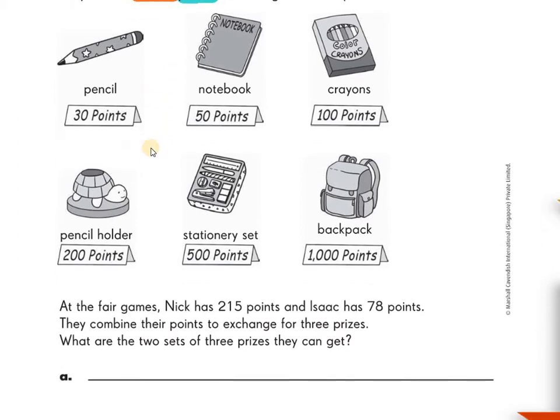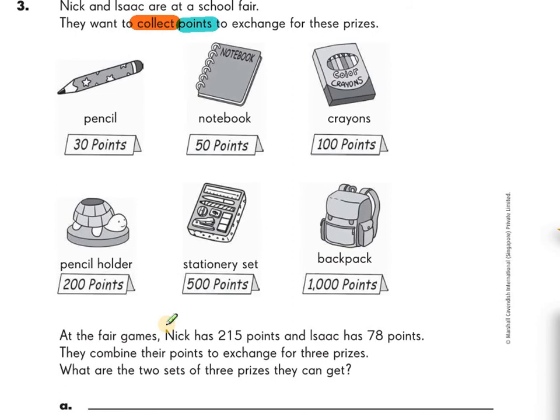All right. Now I have more information down here. It says, at the fair games, Nick has 250 points and Isaac has 78 points. They combine their points to exchange for 3 prizes. What are the 2 sets of 3 prizes they can get? So let's start by getting those numbers.